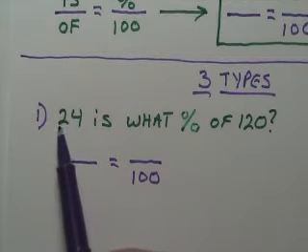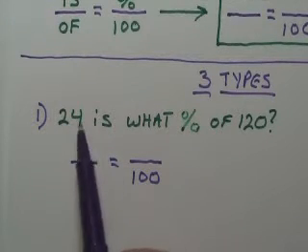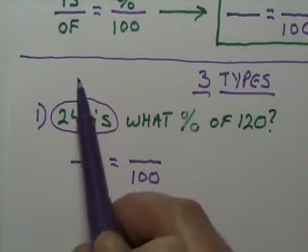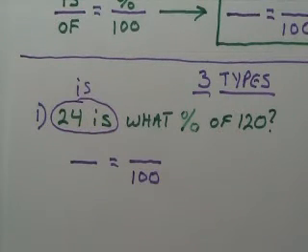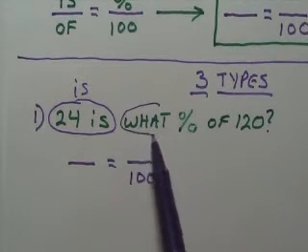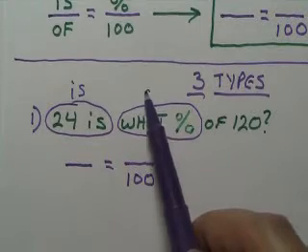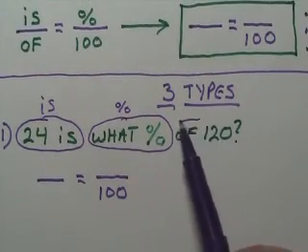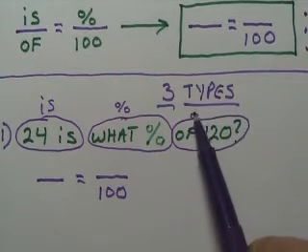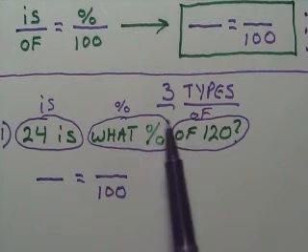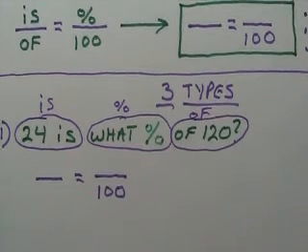So let's just make it easy. 24 is. That is the is number. What percent? That's your percent number. And then of 120. That's the of number. We have an is, a percent, and an of number.